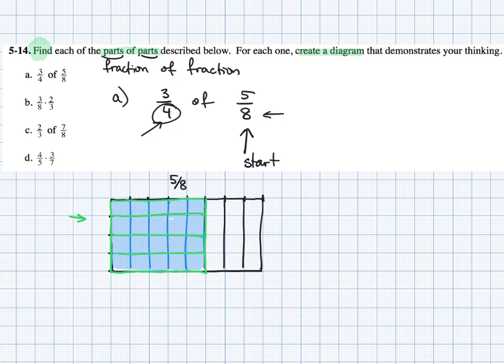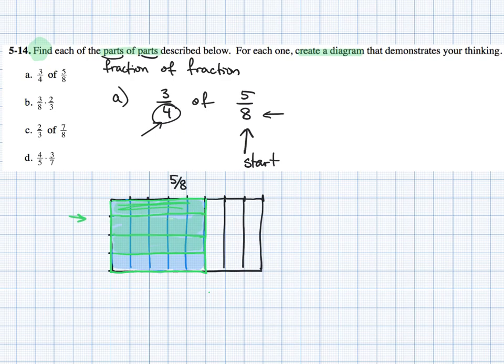And now I need to shade 3 of them. So as I'm shading, you can see I have to shade 3 of them, and the 4th one is blank.